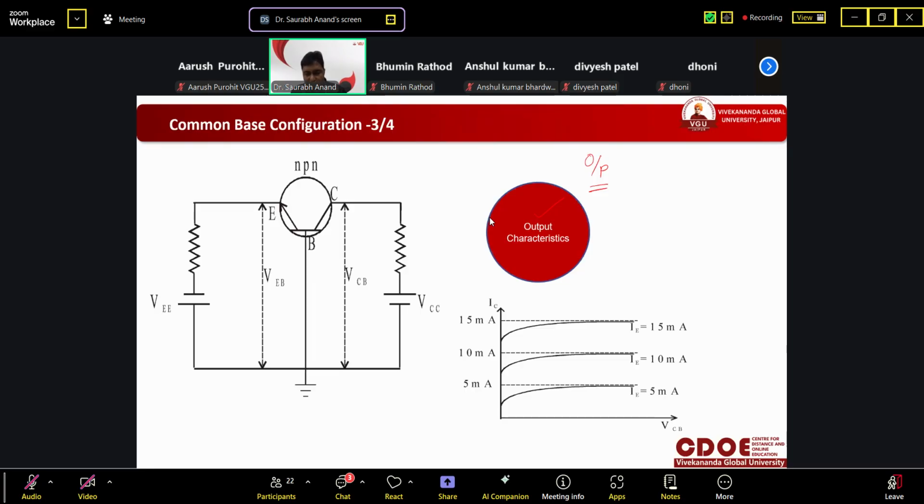For the output characteristics, between which quantities do we draw the graph?